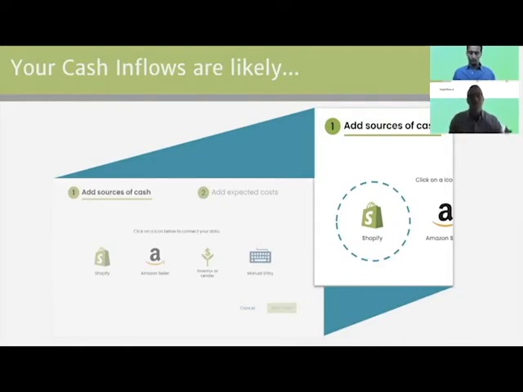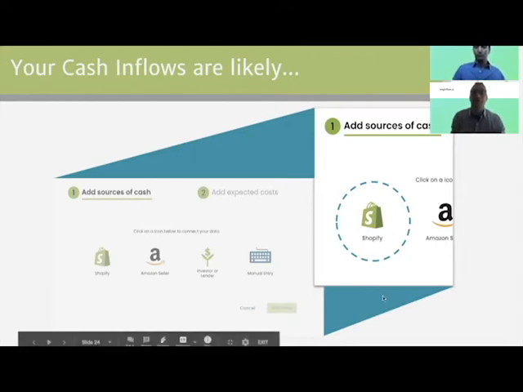But this is how you want to think about your inflows. You've got your e-commerce inflows, any inflows of cash like from investments, or anything manual that you would enter in, like from a retail or import from another source.